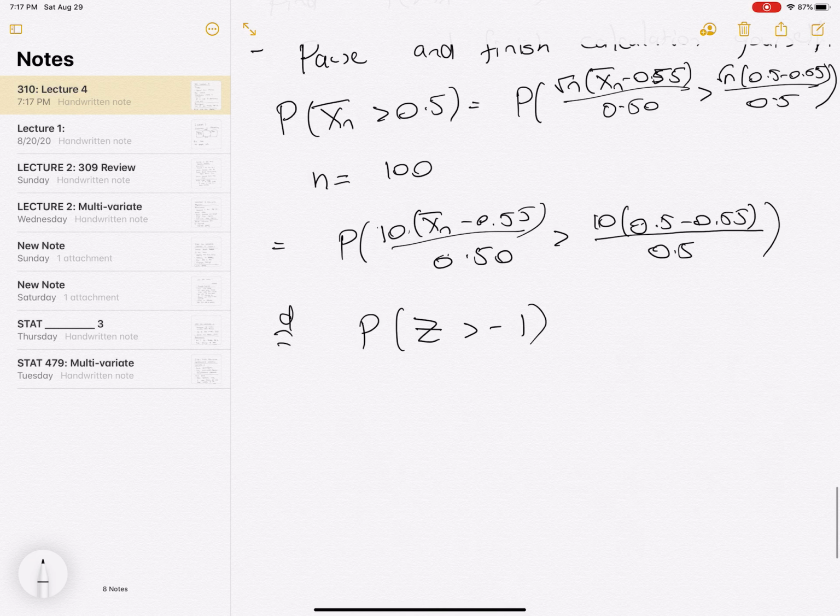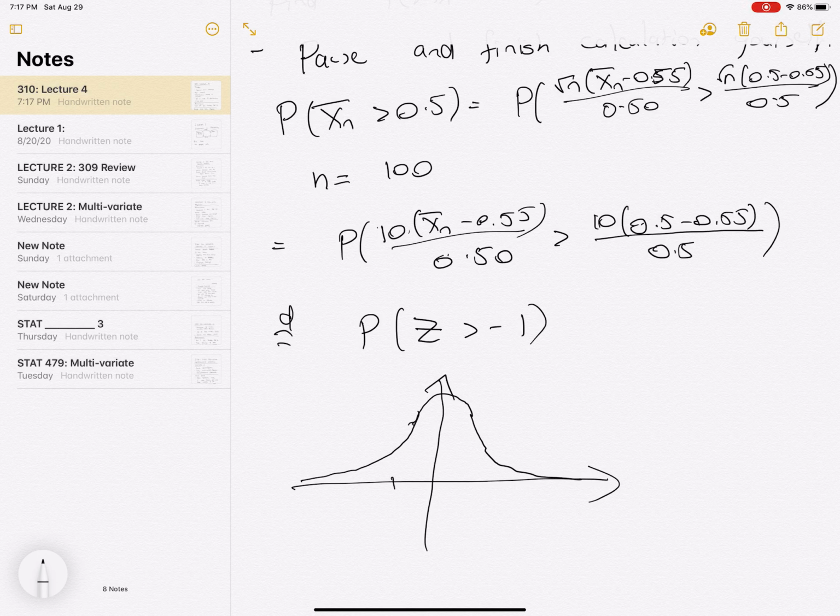And if you look at the standard normal curve, you'll need to use the z-score or the z-table here. We're looking for this area under the curve.